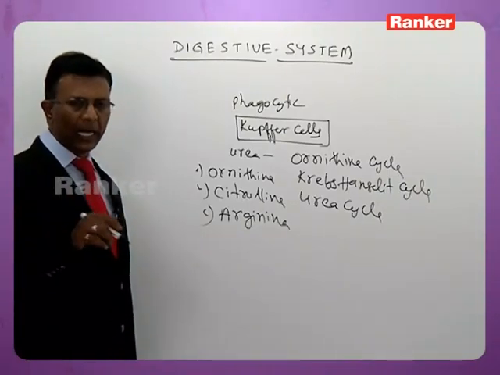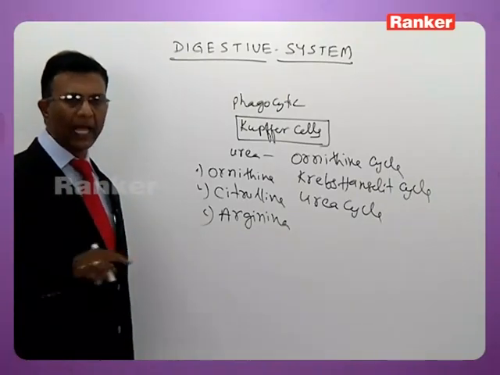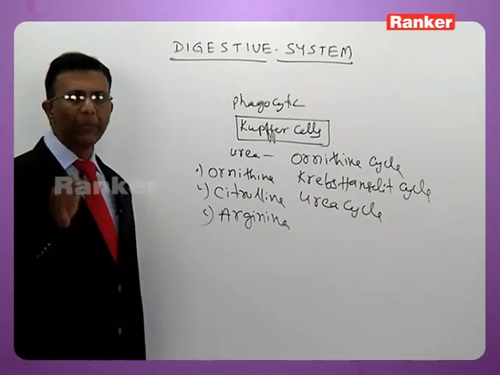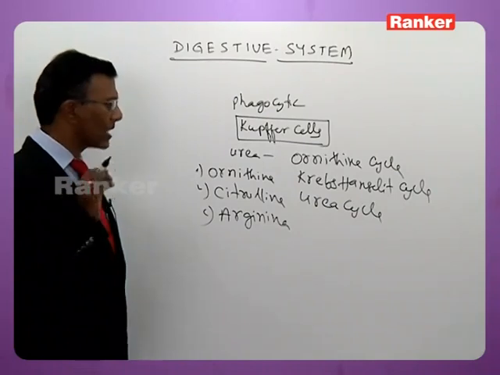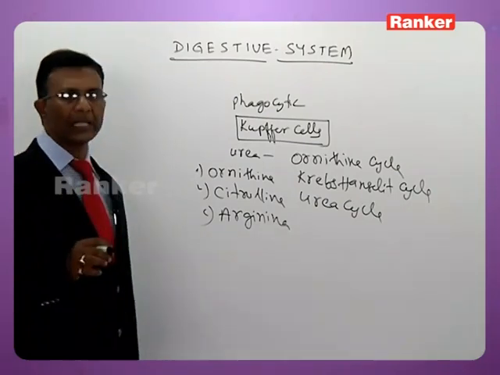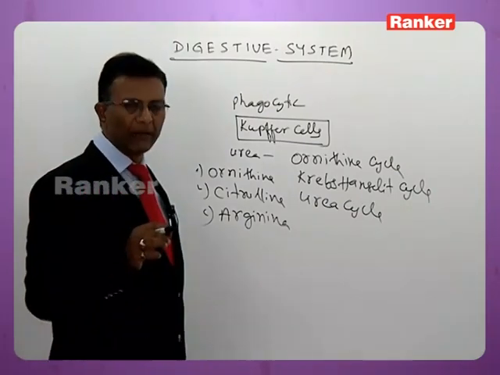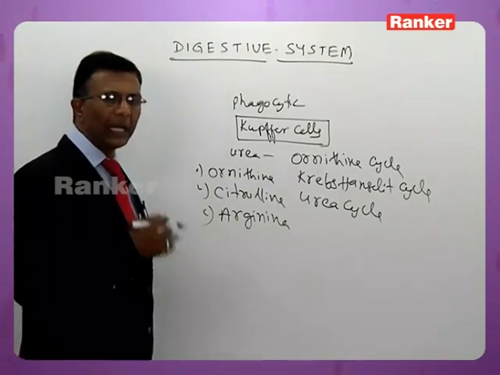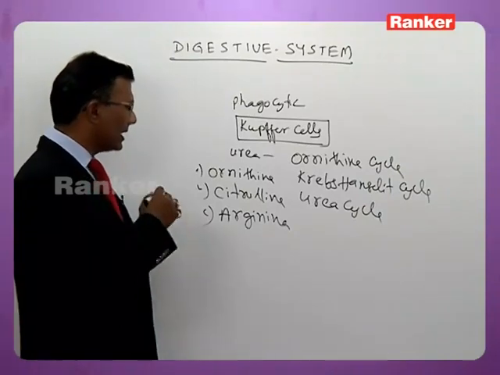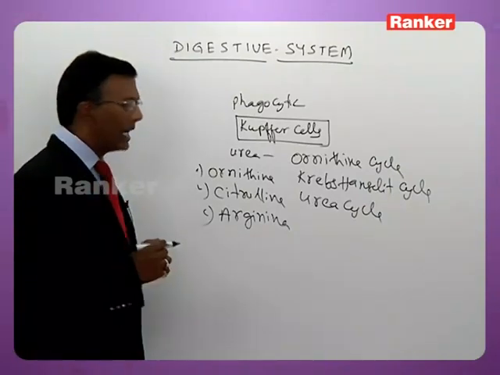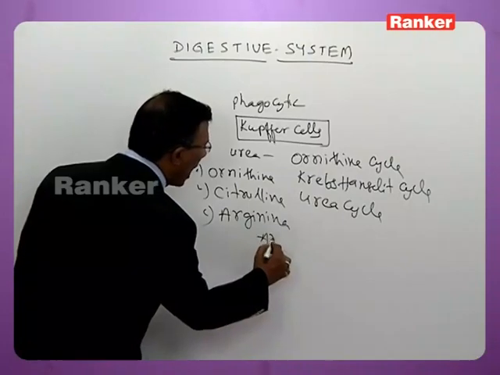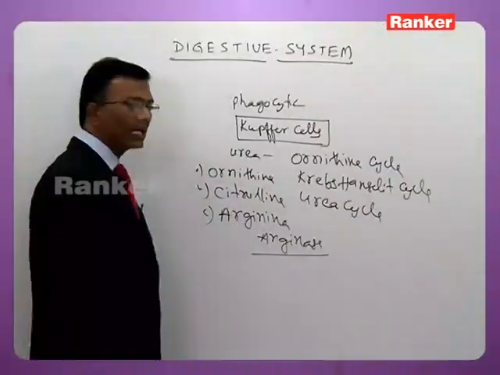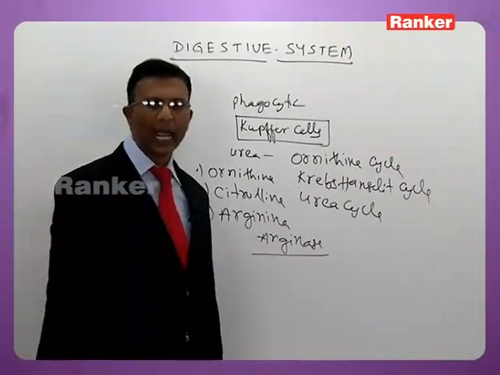Later on I shall give you the entire cyclic representation of the ornithine cycle. But for the time being, remember, the ornithine cycle is also called the urea cycle or Krebs-Henseleit cycle. It takes place in the liver and it is associated with the formation of urea. The intermediate products of this cycle are ornithine, citrulline and arginine. In the presence of an enzyme called arginase, formation of urea takes place.